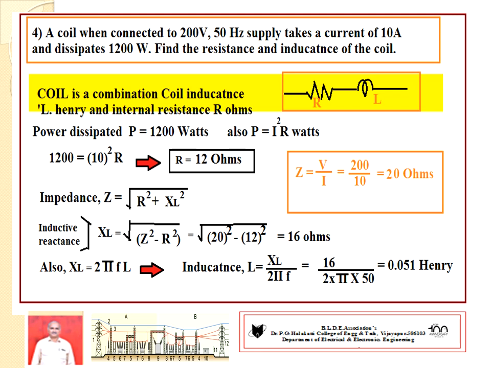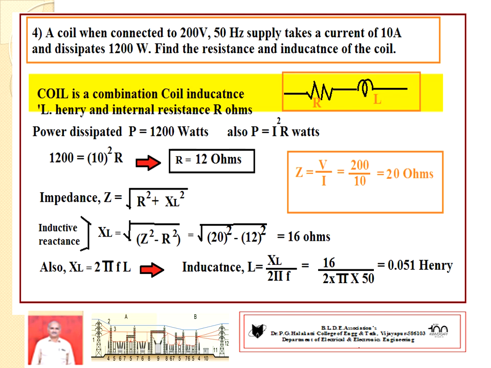Hence, in this problem we can use the relation power equal to I square into R. Power should be in watts. Then you substitute power and current value. It is possible to calculate resistance value. Resistance of the coil becomes 12 ohms.